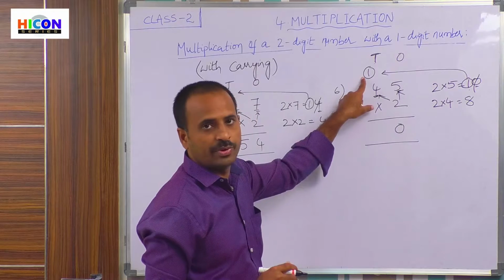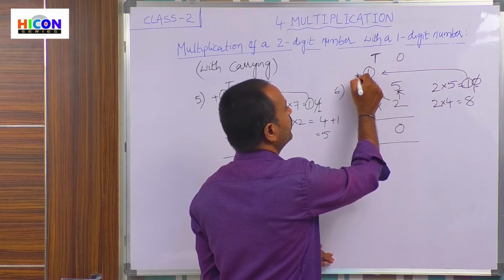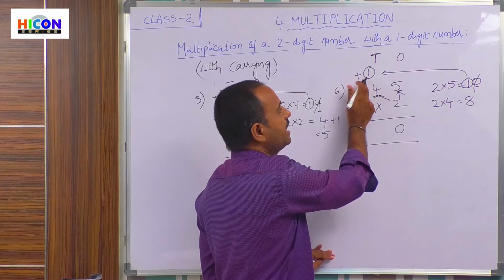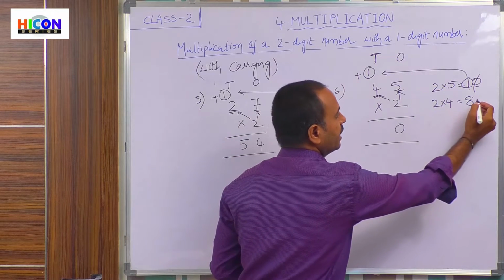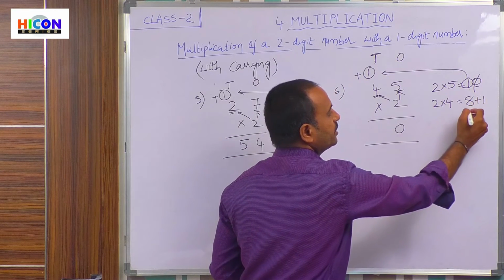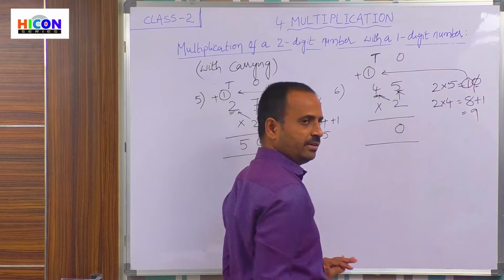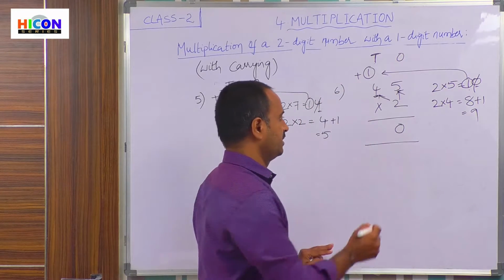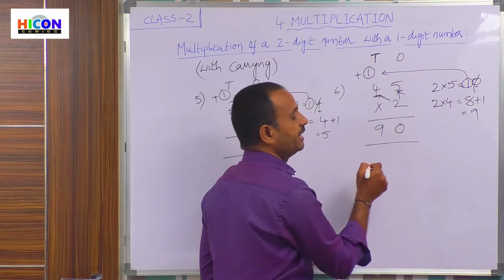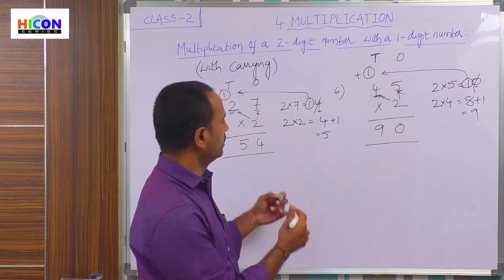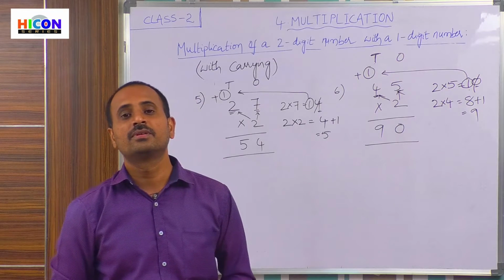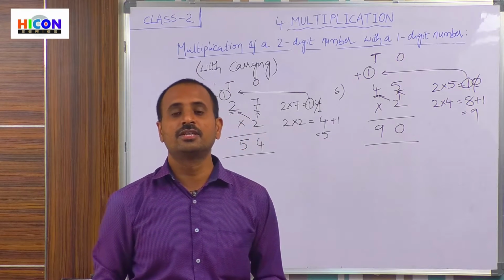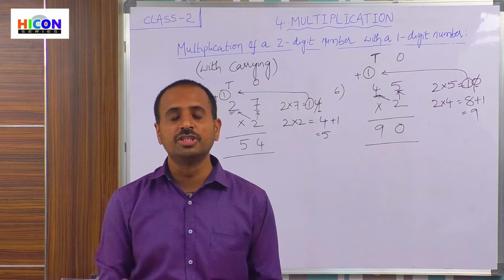What is the carried number here? 1 is the carried number, and we have to add this carried number 1 to the 8. So 8 plus 1, children, how much? 9. So write 9 under tens place. So the answer is 90.